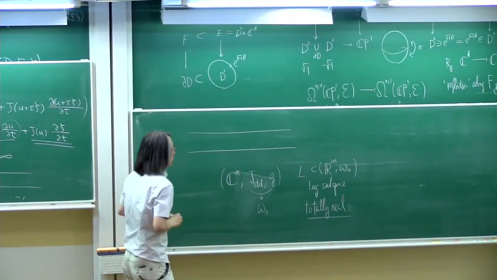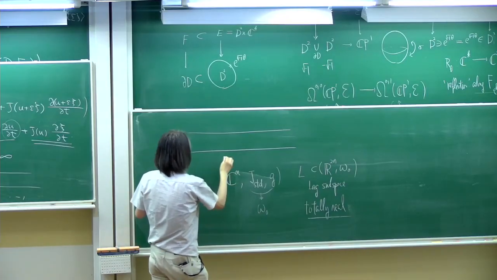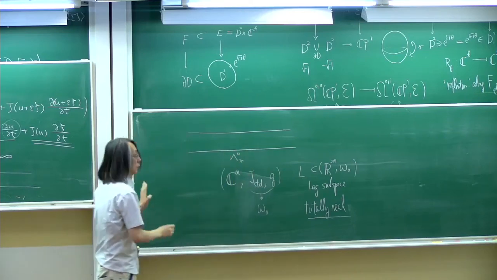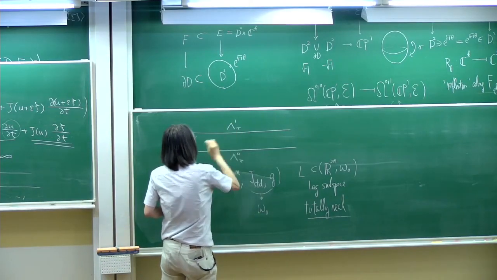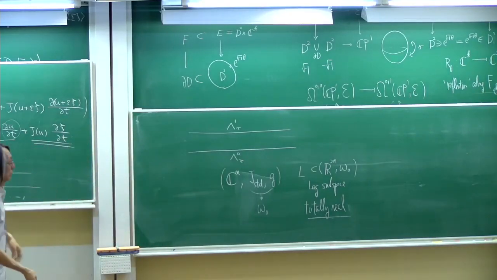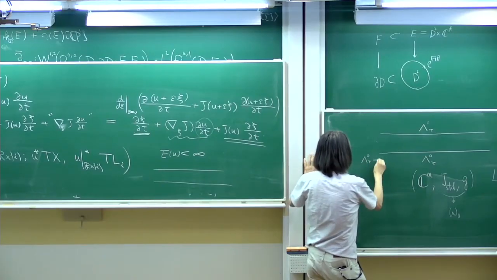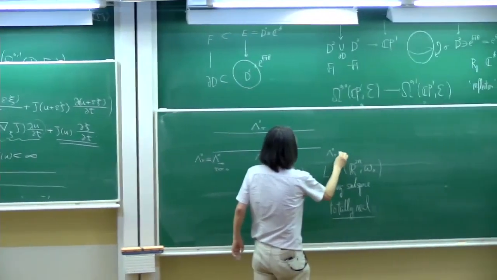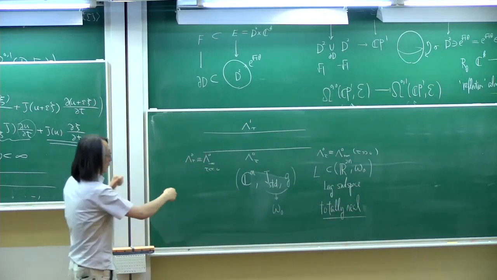Here I consider a family of Lagrangian subspaces, lambda 0 of tau here, and lambda 1 of tau here, so that lambda 0 of tau is equal to lambda 0 of minus infinity for tau sufficiently small, and equal to lambda 0 of plus infinity for tau sufficiently large. I just consider such a path.